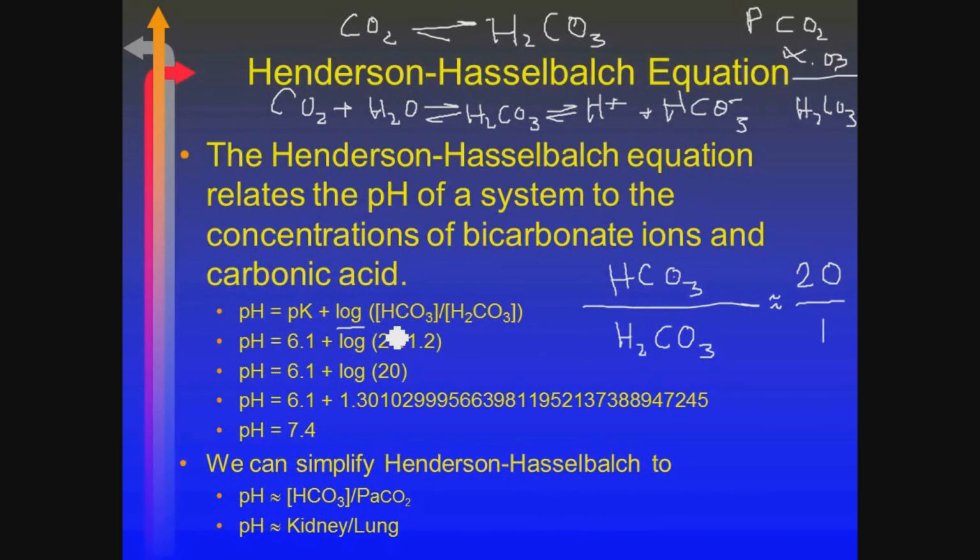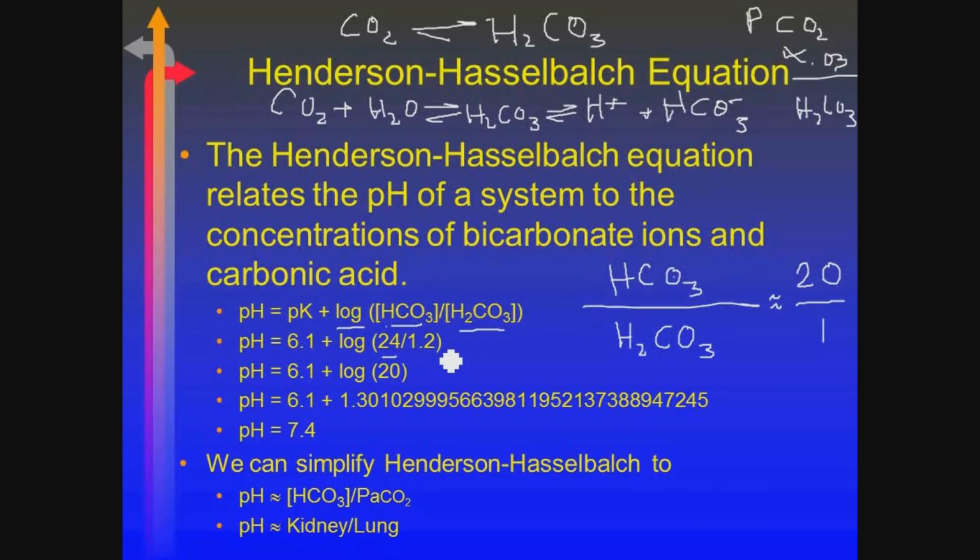So taking a look at my equation here that we're going to ignore because it's painful: bicarbonate concentration to carbonic acid concentration. Normal bicarb is 22 to 26, midpoint of 24. Normal PaCO2, 35 to 45, midpoint of 40.